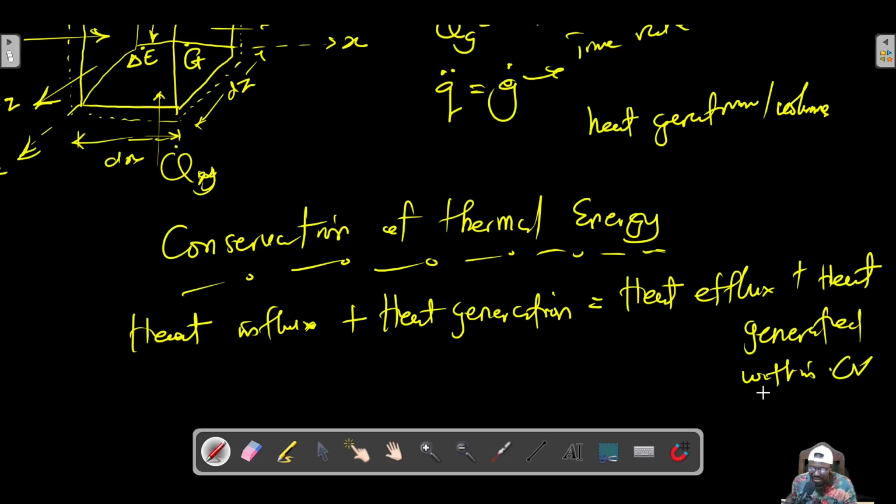Wherever you see CV here, I mean control volume.